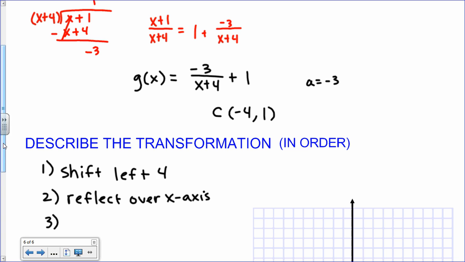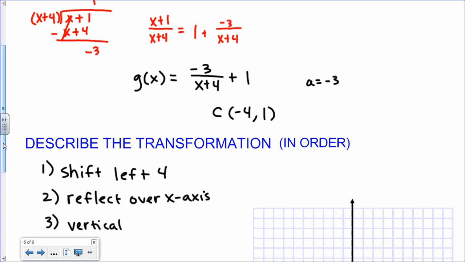Okay, then I look at the 3. So 3 is bigger than 1, so it's a vertical stretch or shrink? So the negative does the reflection, and then the number gives you the stretch or shrink.